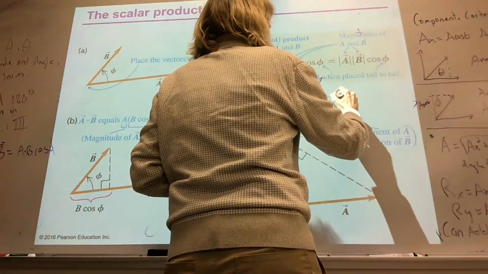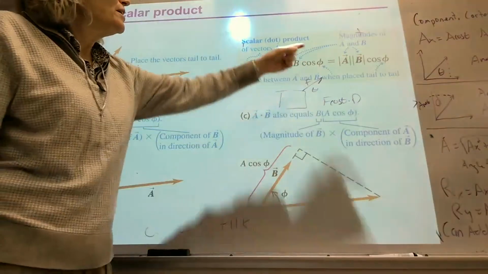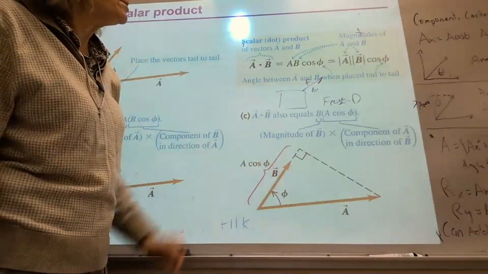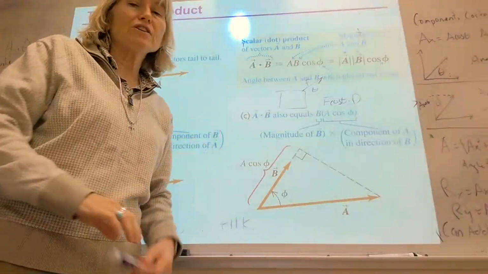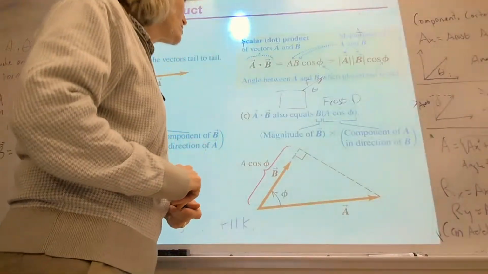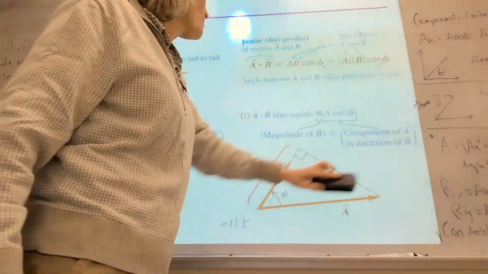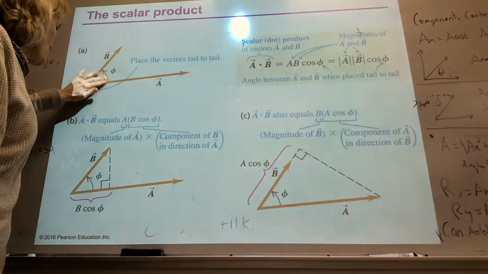So we went F cosine theta times the displacement. And we got a scalar. It's called scalar product because you get a scalar. It's called dot product because it's represented by this dot. So you multiply a vector times a vector and you get a scalar. So again, the angle is between them.